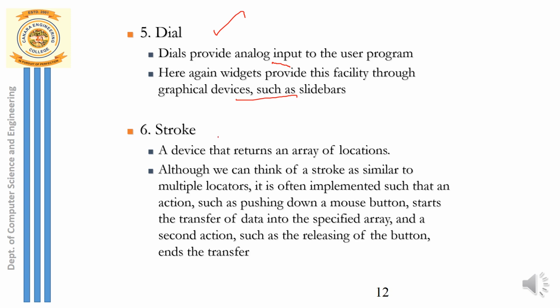Okay, so the sixth one is stroke. Stroke is nothing but an array of locations. It returns a series of locations, not just one location, which we get with the help of a mouse click. I will give an example.